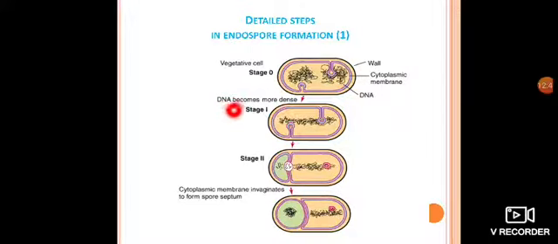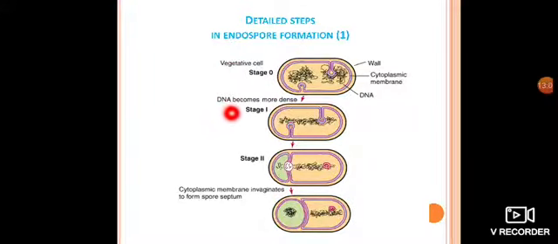Now the DNA becomes more dense, first step. Now we are concentrating on the more specific steps in those 6 different steps of spore formation. Now how does the endospore get formed in detail? First step, it starts to develop from the vegetative cell.